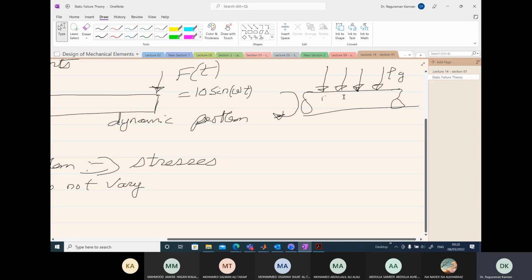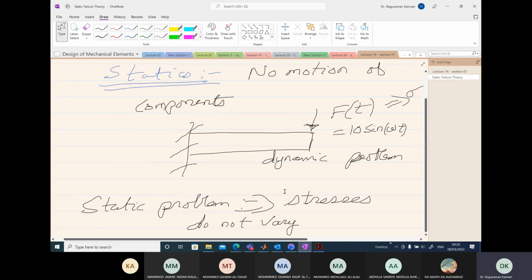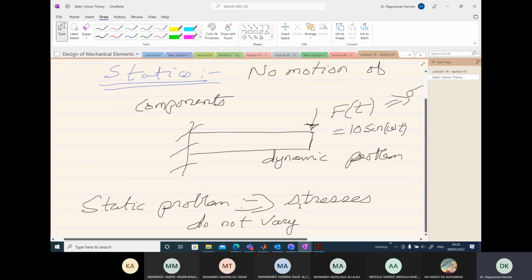In both these cases, if you actually calculate the stresses, they become a function of time. Here, the stress at any given point is also a function of time. It varies with respect to time. So both these problems are dynamic problems. A better definition will be: stresses do not vary with respect to time. So this is a clear definition of a static problem.